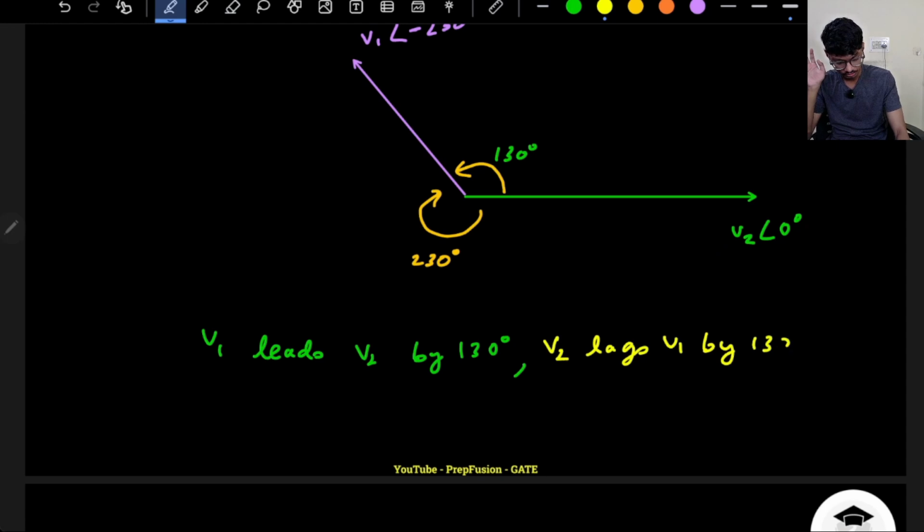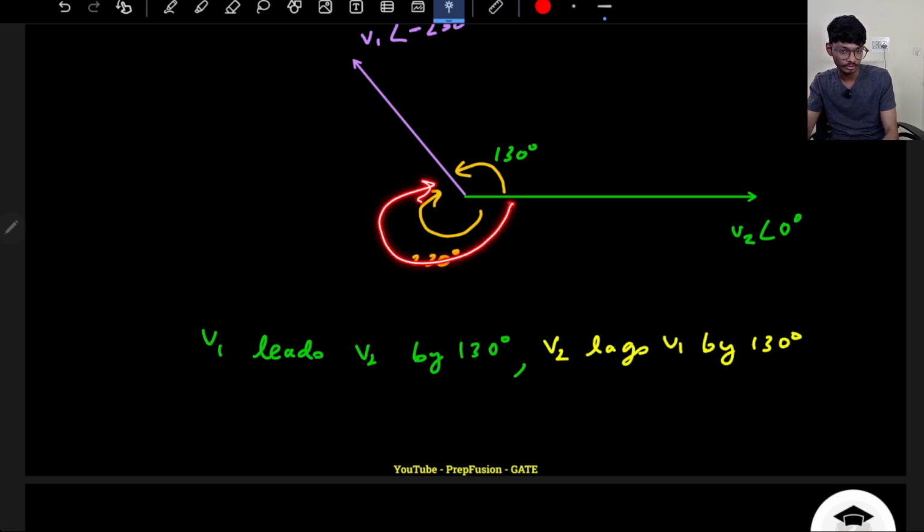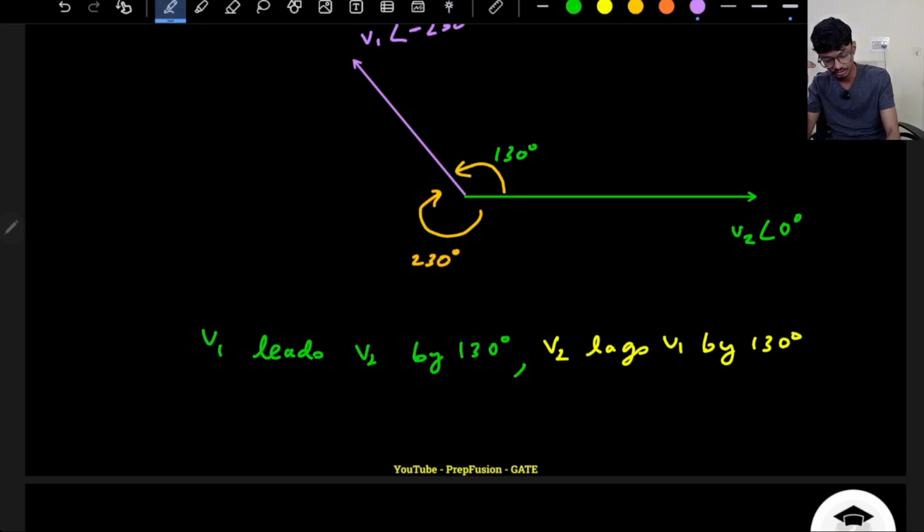Also, we could have said that V1 lags V2 by 230 degrees, because I'm starting from V2 and reaching V1 in the clockwise direction after 230 degrees.